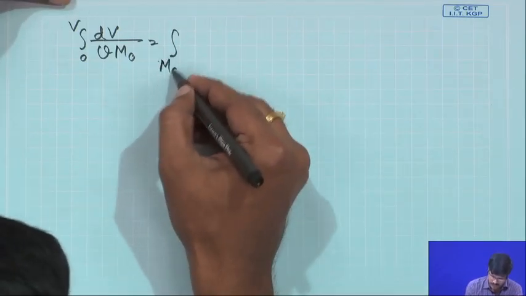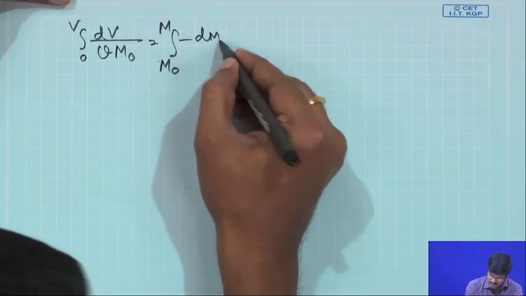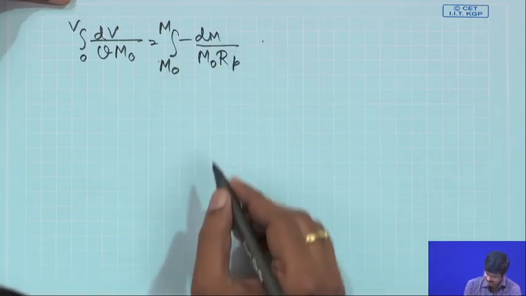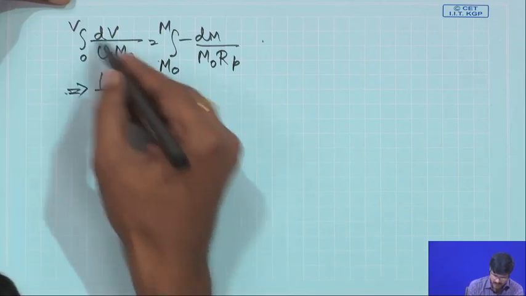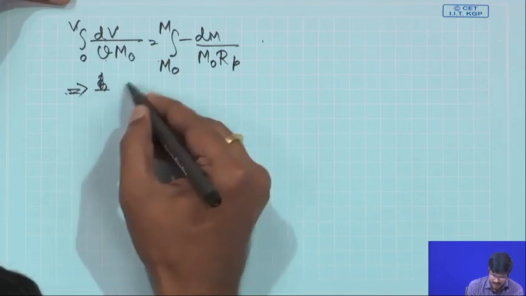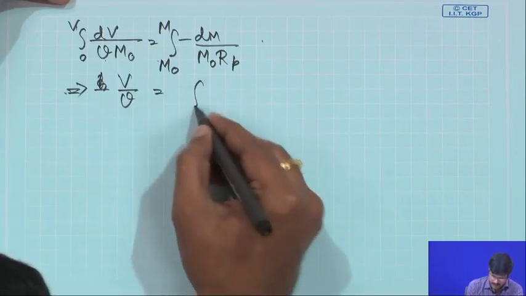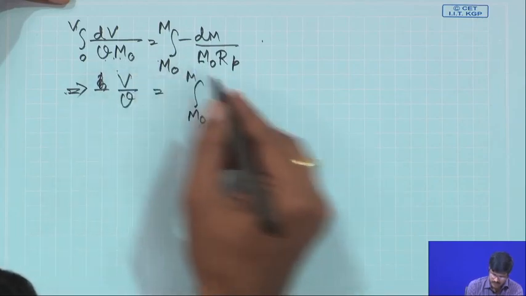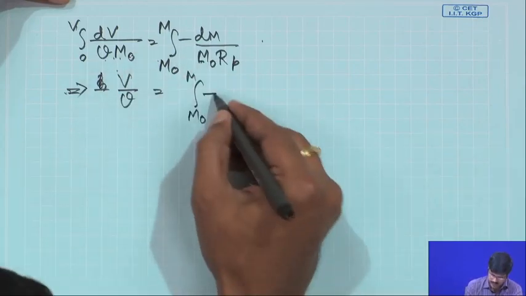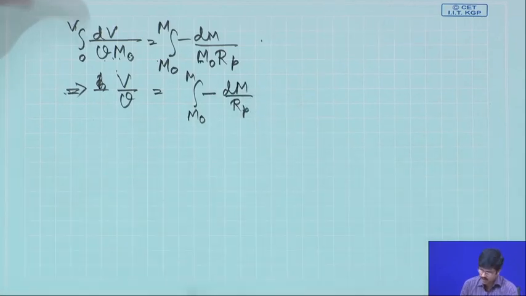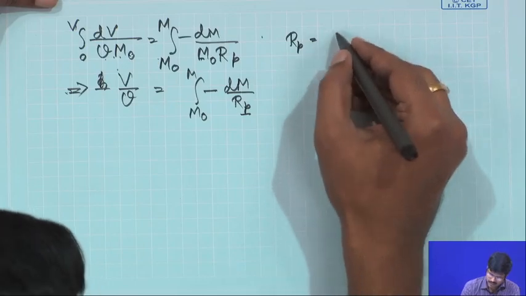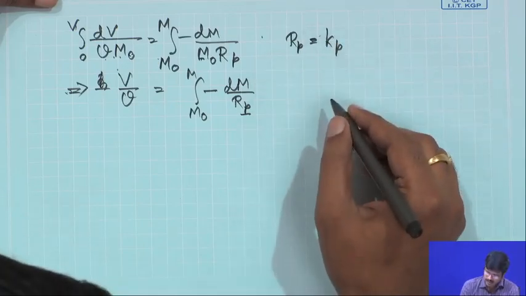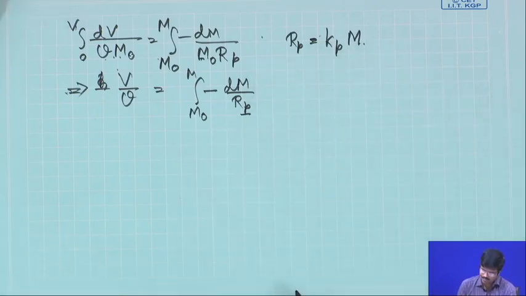So, if you put those values here, that will be m0 to m minus dm divided by m0 into rp. Okay. So, finally, what you will get is this small v comes out and when you integrate from 0 to v, the dv, it becomes capital V by small v, this equal to integral m0 to m, m0 goes here. So, this is minus dm divided by rp. This is the final expression that you have. Now, your rp is nothing but Kp into m.